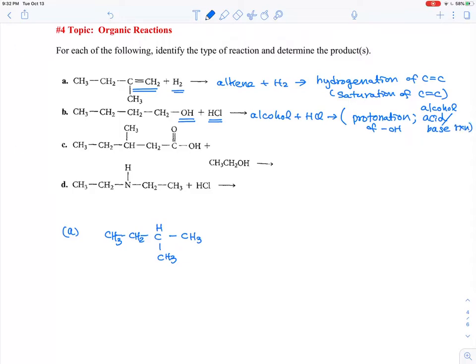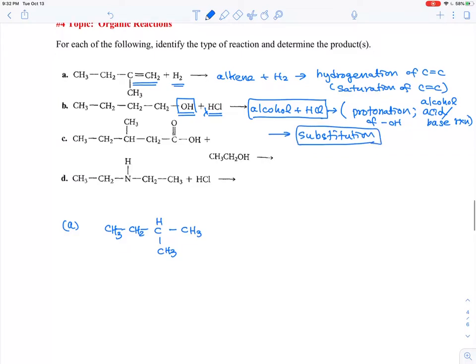And then once this is done, you will have this OH being replaced by the chlorine. Okay, so then we'll have substitution. So it's actually a little complicated mechanism, and I need to explain it to you in the bottom.